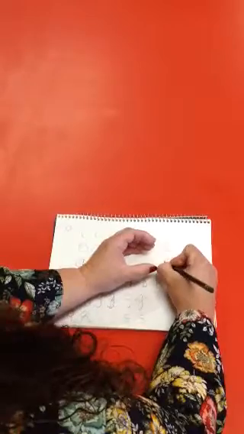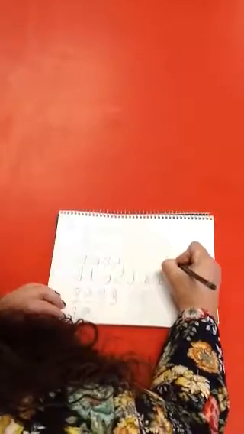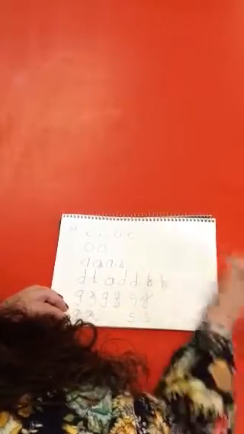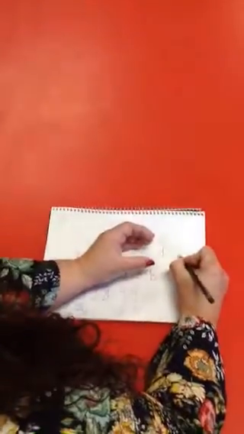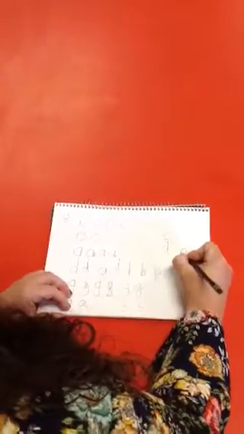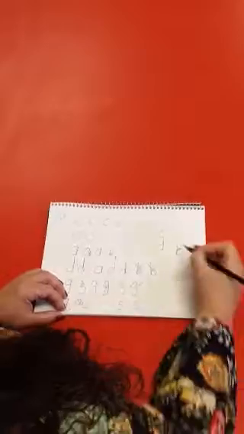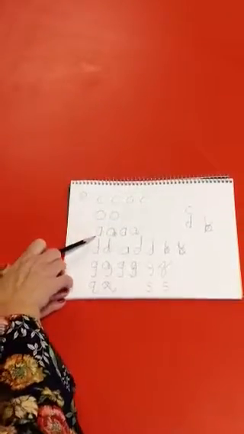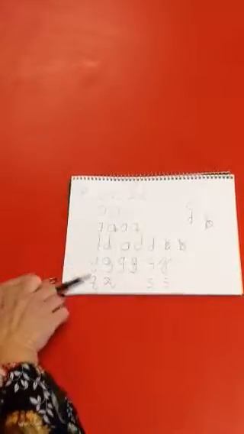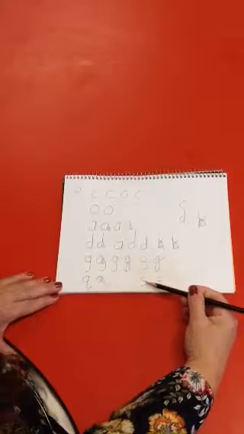If you start it the right way, your D will be correct. It's a little hard to start it the right way and go all the way around and then go up and down. Okay, so these are our letters that we use for Magic C. C, O, A, D, G, Q, and S.